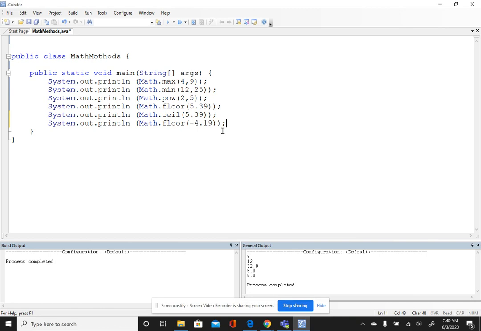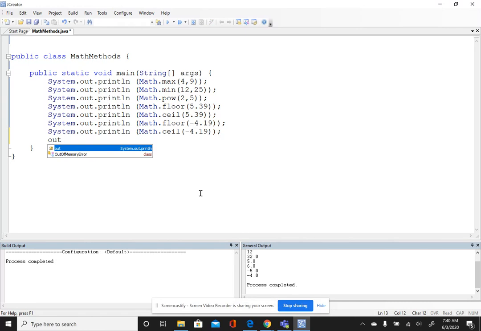So negative 5 is the floor, negative 5.0, of course. And then ceil, let's use the same number. We're going to have negative 4.0 because that's the highest value. So you need to be very careful about this.